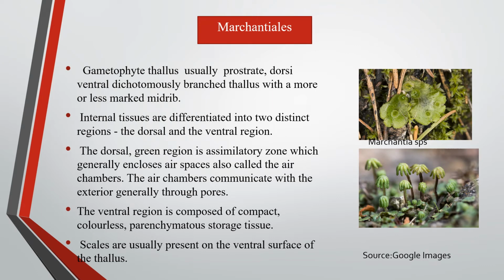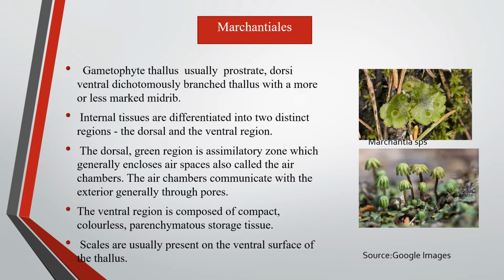You have the archegoniophore, so they are on the erect structures. Gametophyte thallus usually prostrate, dorsiventral, dichotomously branched, with a more or less marked midrib. Internal tissues are differentiated into 2 distinct regions, as you know already, the dorsal and the ventral region, where dorsal is green and ventral is slightly colored.